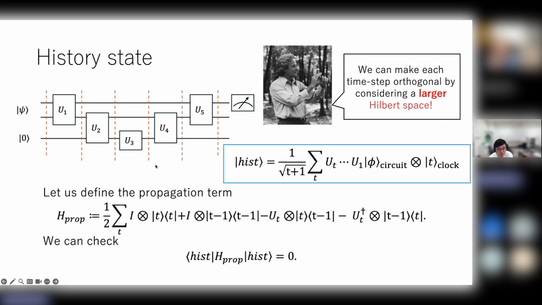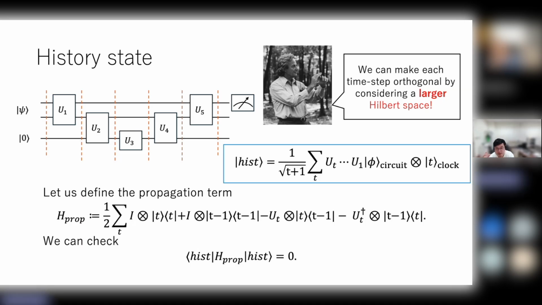Okay, so to prove it, the important idea is the concept of the history state, which was proposed by Feynman. Feynman considers a uniform superposition of each computational step of the verification circuit.